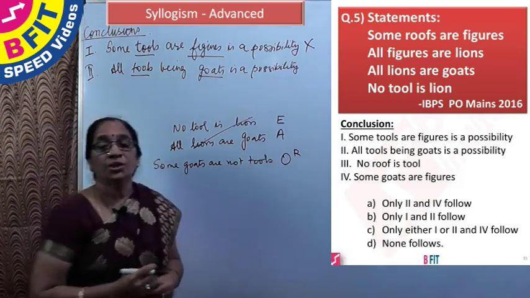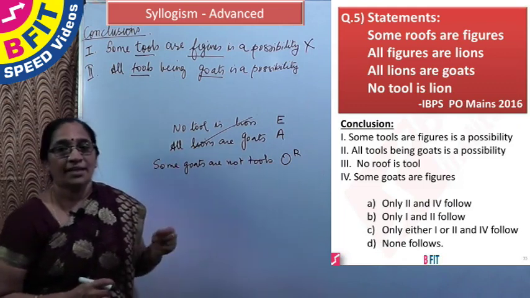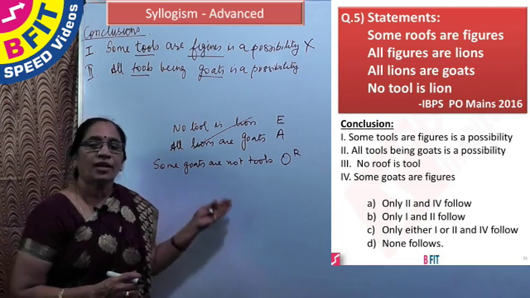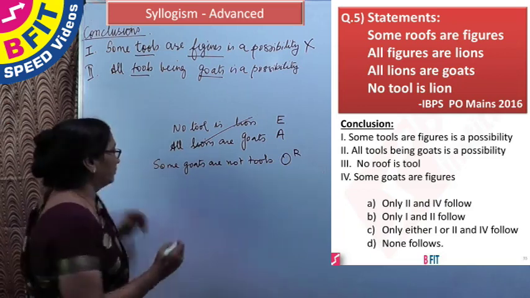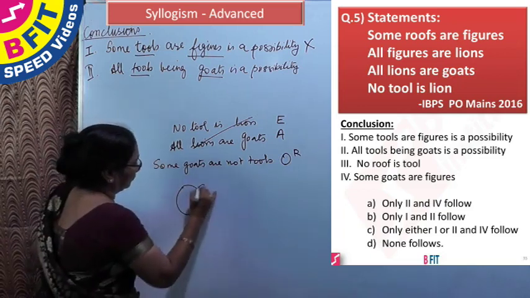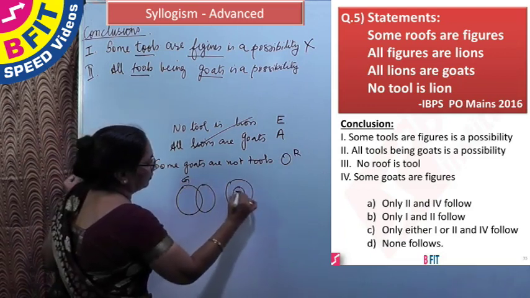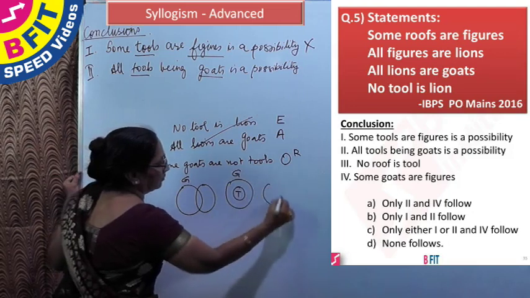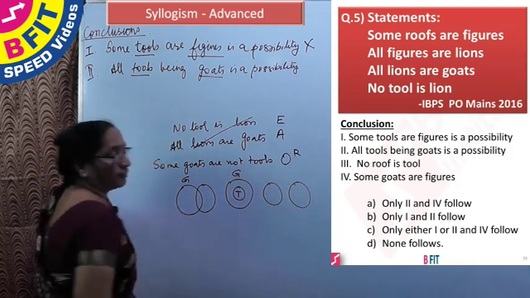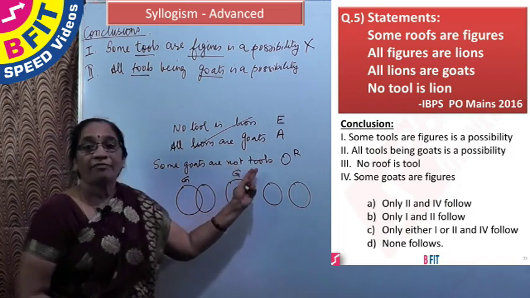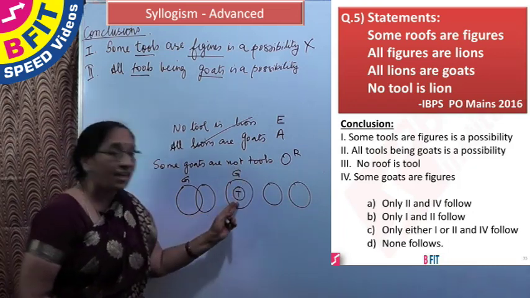The second conclusion is also a possibility case, so we are going to draw all the possible Venn diagrams for the conclusion we have arrived at. Here we have to remember that the term after not will come as the inner circle.